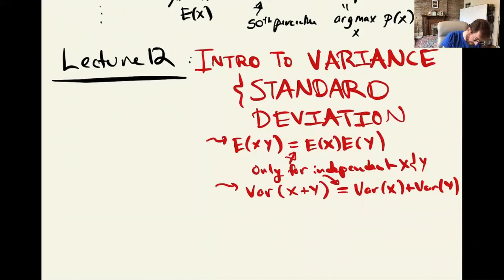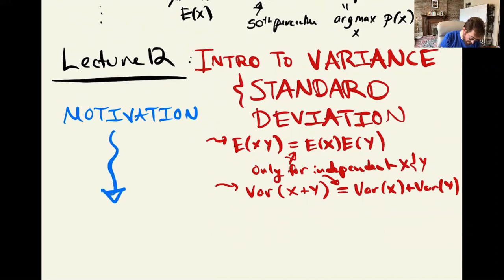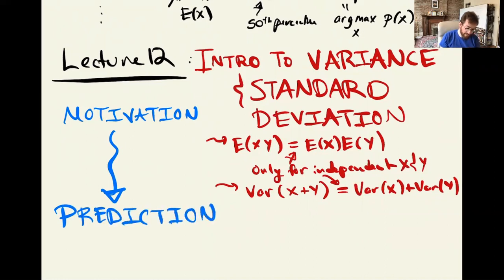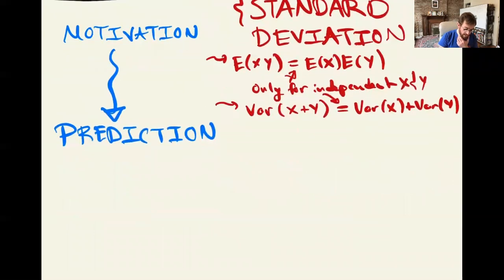So the motivation is going to be prediction. And again, prediction is such an important part of science and our society at large. Often you're trying to make an optimal decision, which involves you predicting something that you don't know whether it's going to happen or not. And then you're trying to maybe minimize some sort of error if you're wrong. So let's go ahead and formalize that.